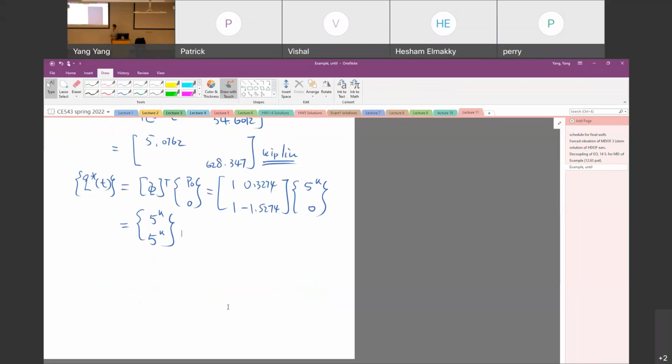Interestingly here, even though the force is applied to the first mass, if we calculate the Q star, that transforms the force to 5K on both.